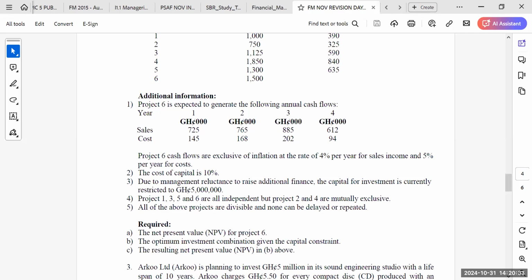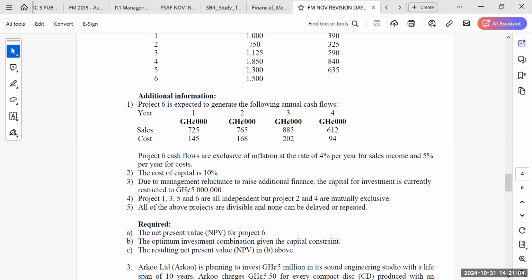So these particular cash flows are exclusive of inflation. So we are estimating them today in current terms. We are saying that as of today, the amount that we are going to be getting for the second year is 765. We haven't taken into consideration inflation, but the inflation is 4% every year. So it means that before we can get to the second year, we have to experience inflation 2 times.